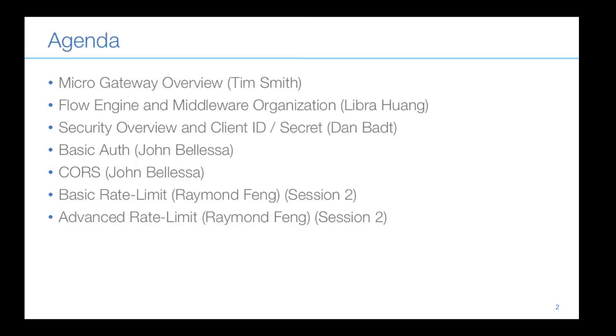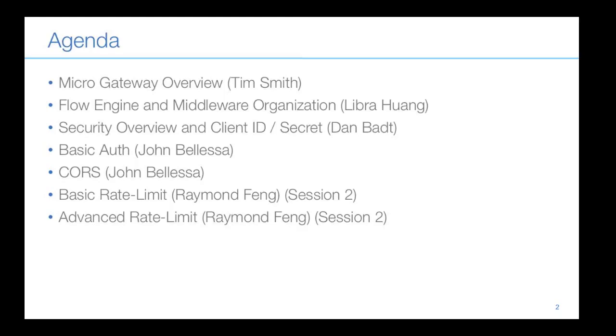I'll go through at a high level and talk to the micro gateway, the components. And then Libra Huang is going to take us through the design of the flow engine and the micro gateway in general, all of the different middleware components that comprise the micro gateway.